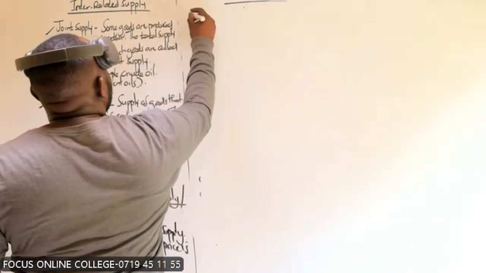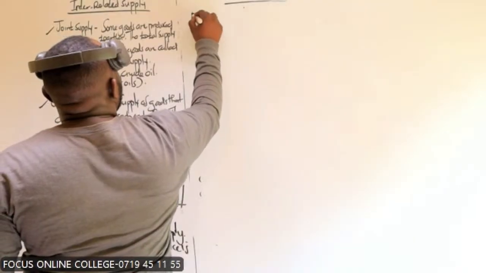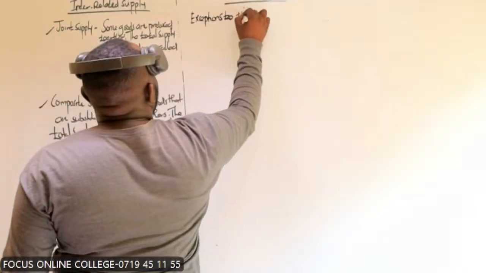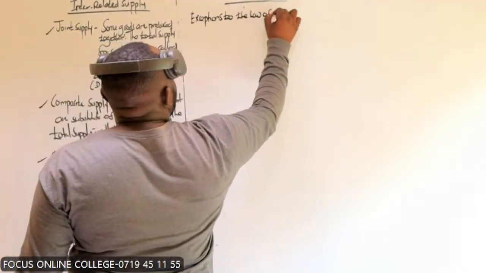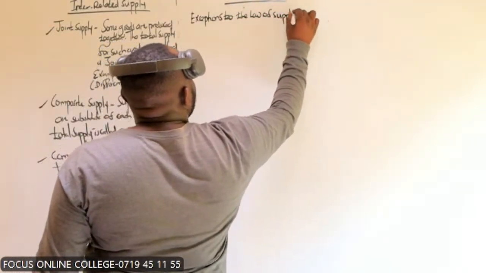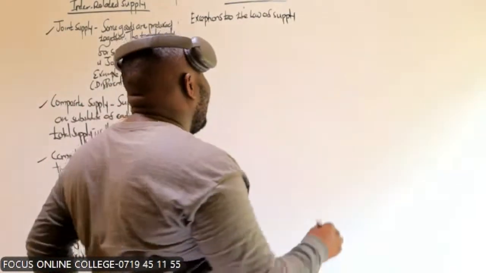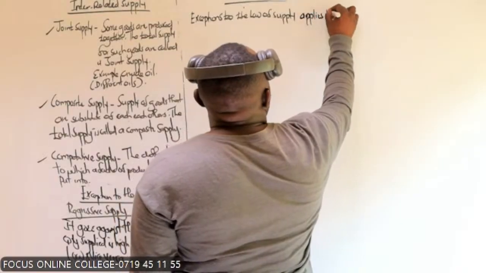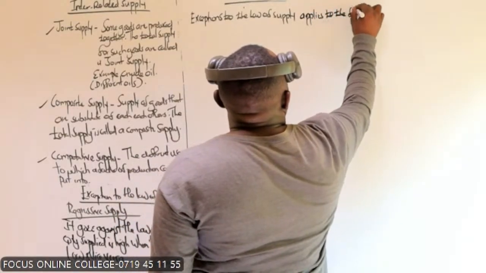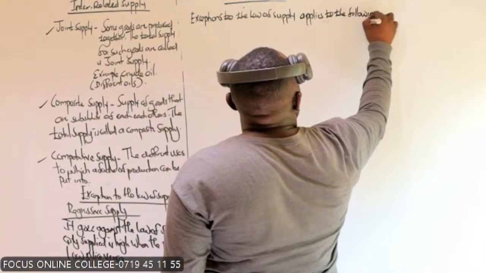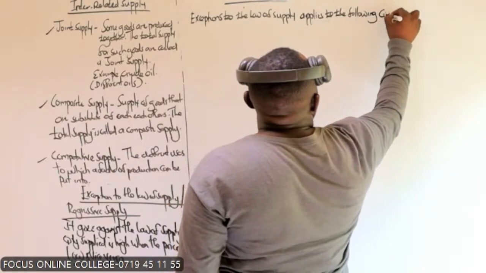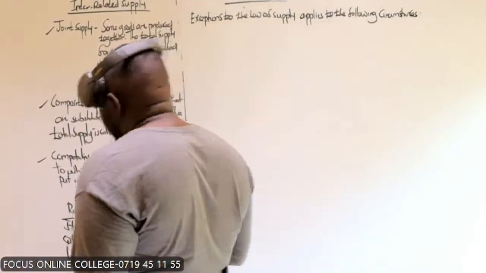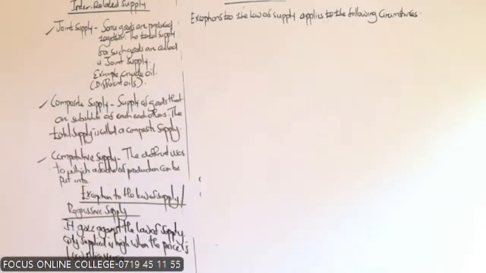Exceptions to the law of supply apply to the following circumstances. So exceptions to the law of supply basically apply to the following circumstances.